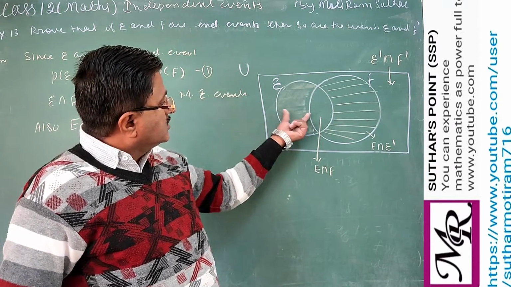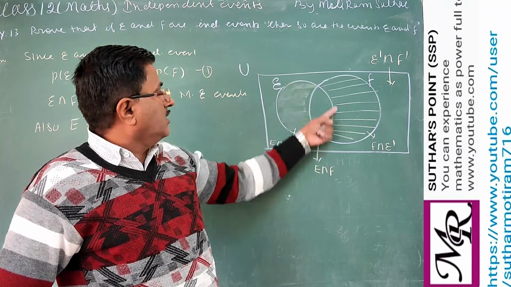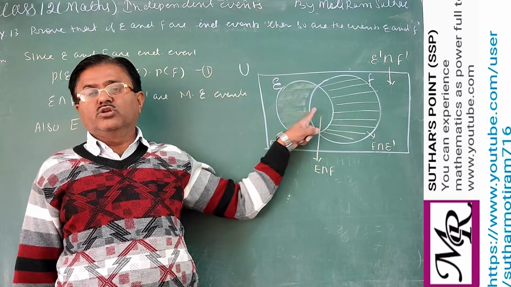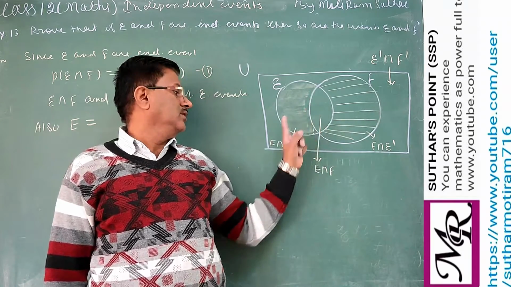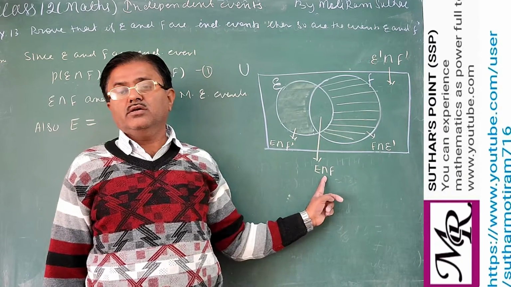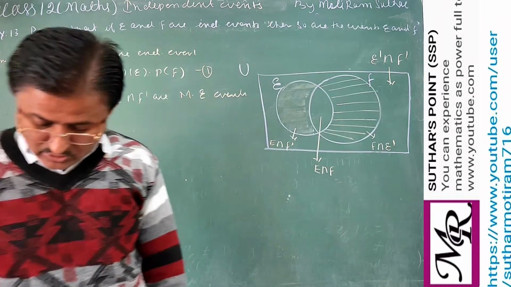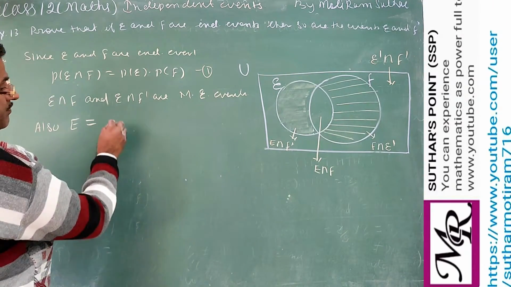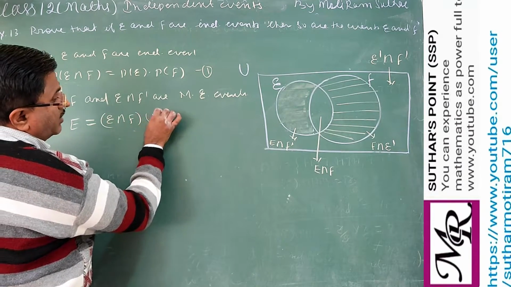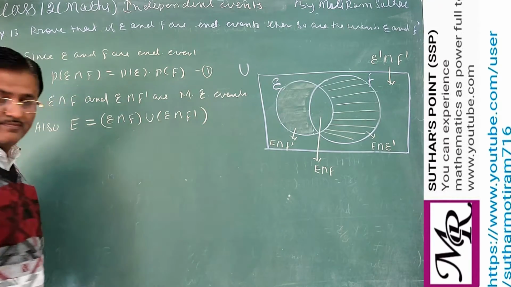Also, the total event E, or set E, can be written as a union of this and this. How can we write set E? We write the union of these two regions, that is E intersection F naught union E intersection F. So we can say E equals E intersection F union E intersection F naught.